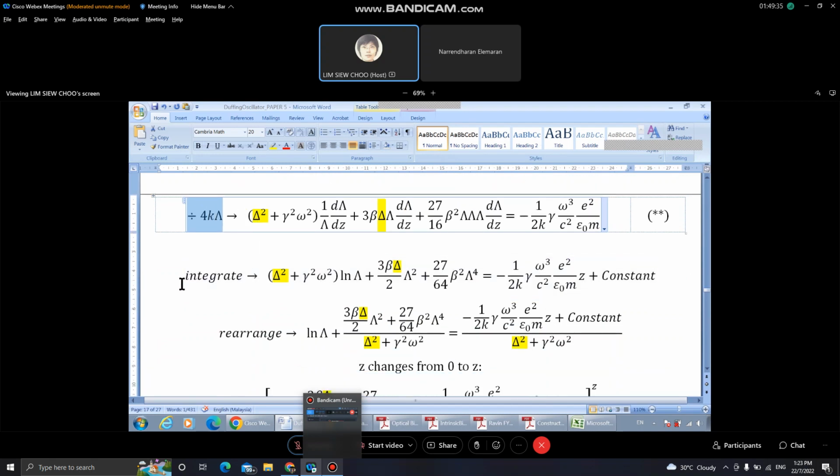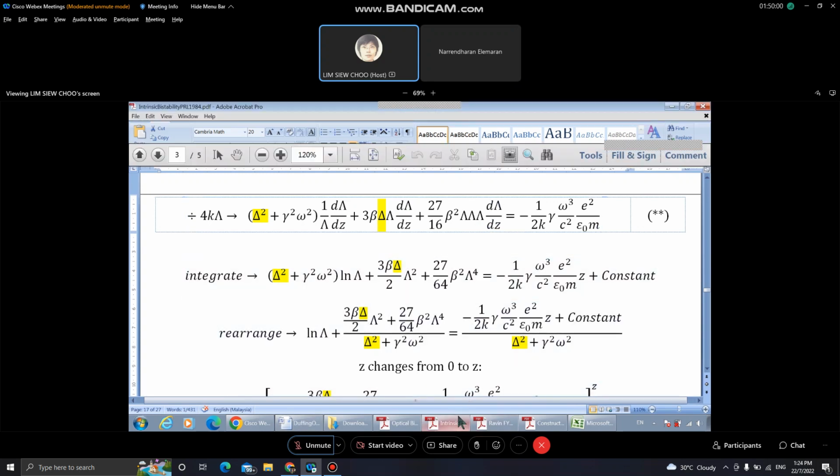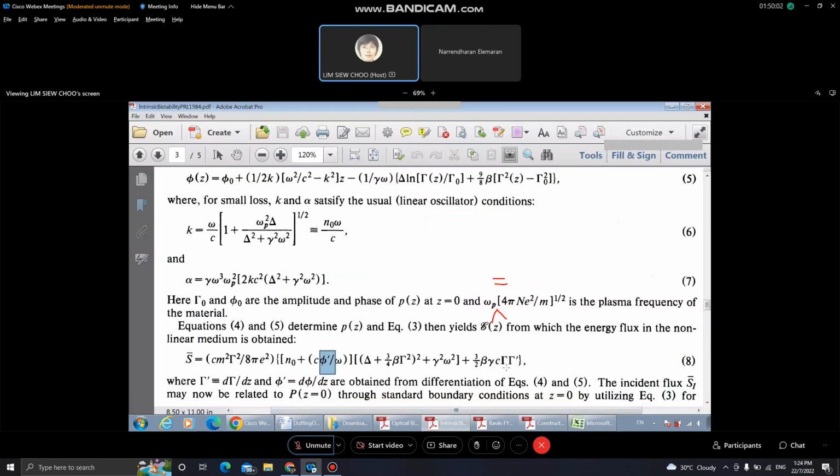You don't want to integrate them, because if you do not integrate, then you already have your d lambda over dz, right? Am I right? Yes, doctor. You have this, and then you have this. You just collect, factorize, and you can have the factor, and then you can substitute into this, which is actually the d lambda over dz, right?